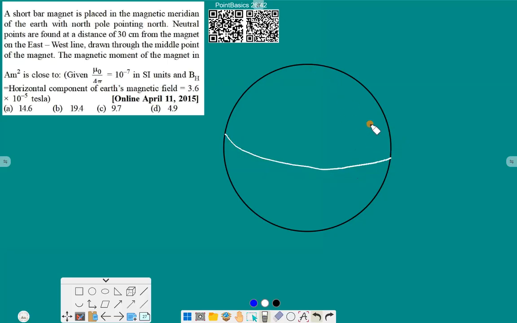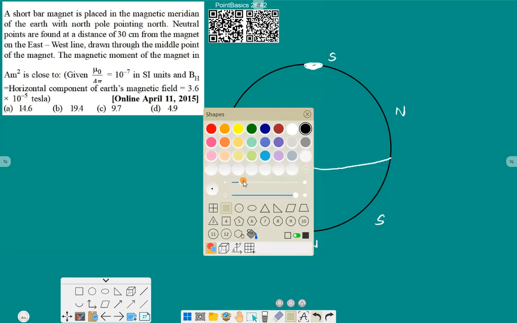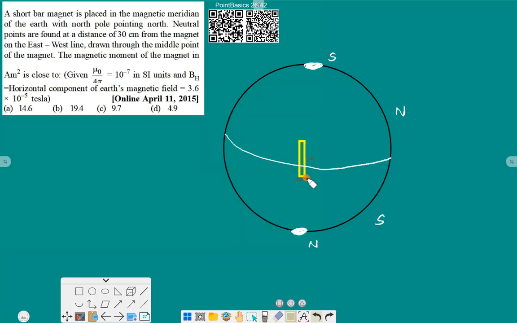Here, this is our northern hemisphere, this is the southern hemisphere, and for the magnet of the Earth, this is the south pole and this is the north pole. So let's place a magnet here. Suppose this is our magnet.